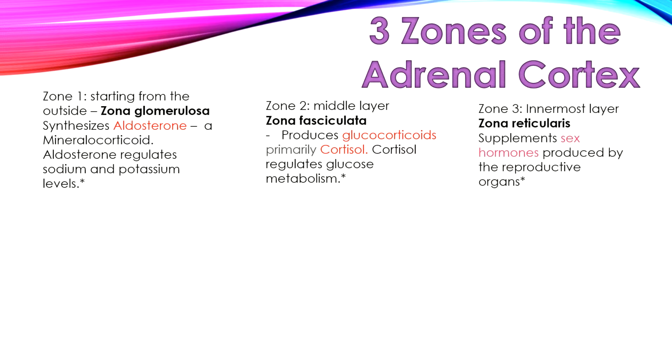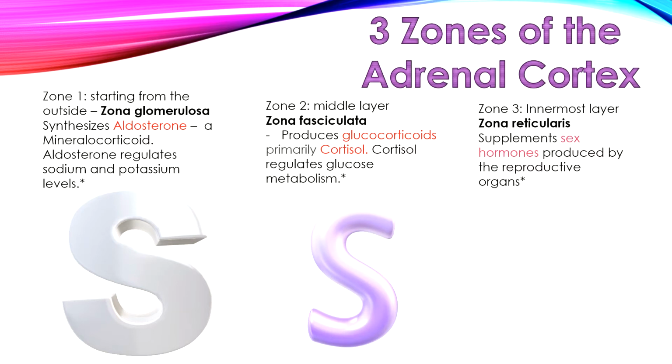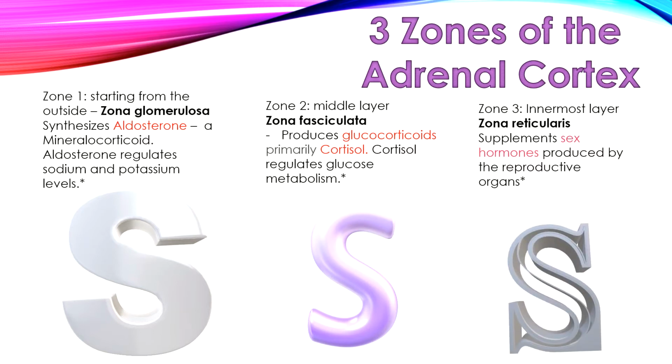In the innermost layer, the zona reticularis supplements sex hormones produced by the reproductive organs. Now, when I was doing my research, I came across the 3 S's: salt, sugar, and sex. This here is a great way to remember which zone is responsible for which one.